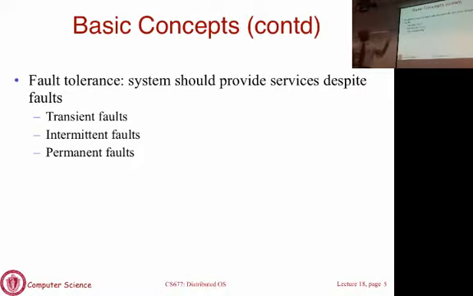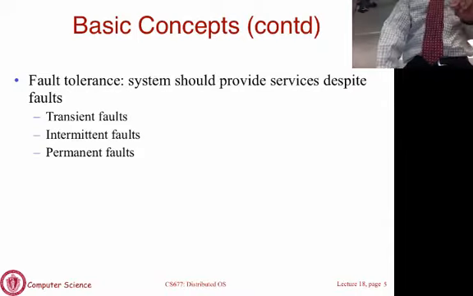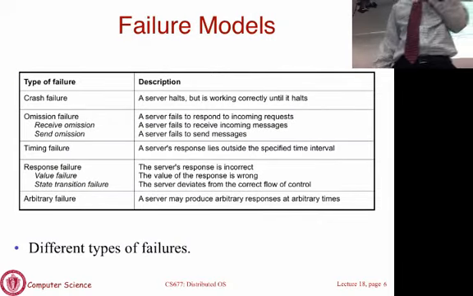But then you drive off and it does the same thing. So that's an intermittent fault. It's hard to track because if you cannot reproduce it, you cannot fix it. So these are all problematic types of fault. A permanent fault is like a crash. Your system crashed, so you know it has crashed and you can do something about it. So these are three types of faults that you can see in a computing system.